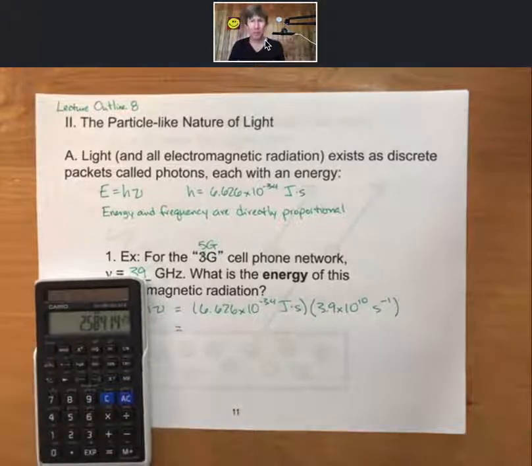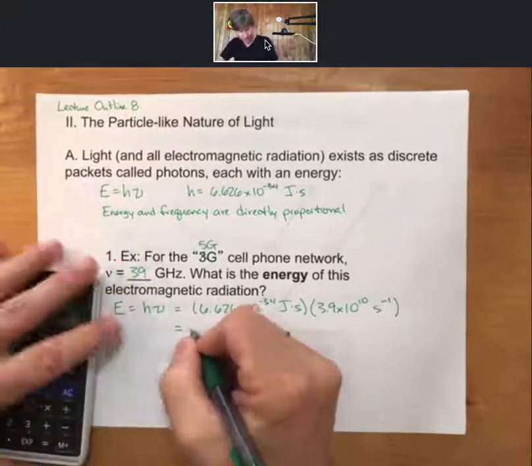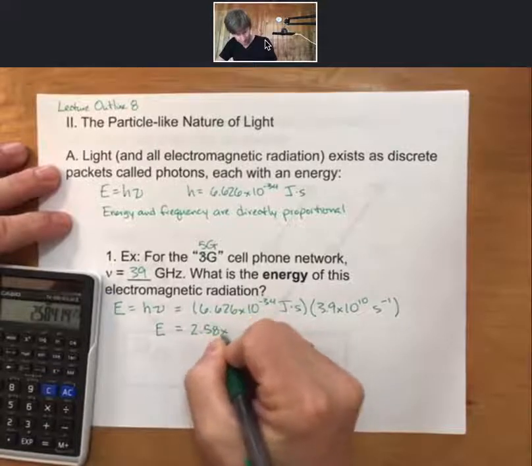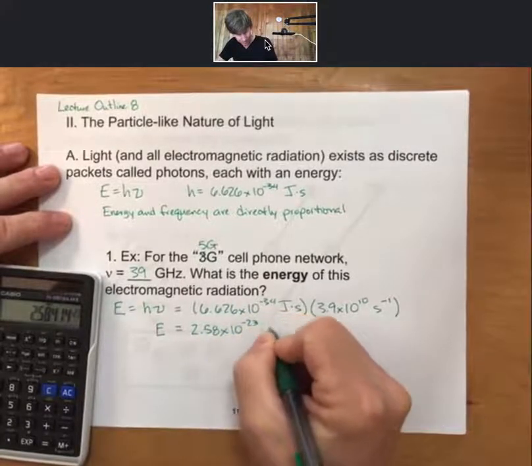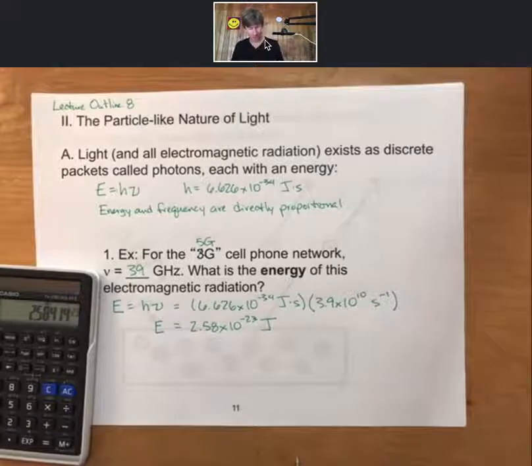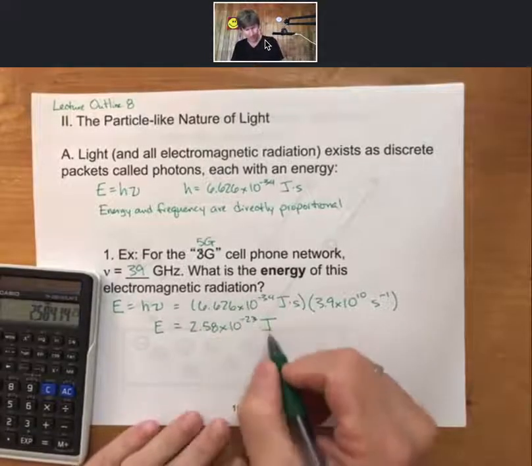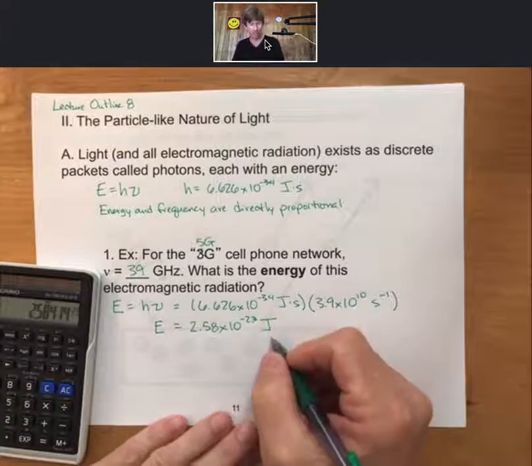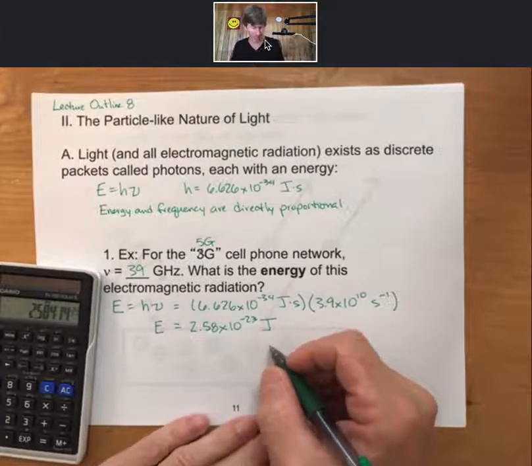And we get 2.58 times 10 to the minus 23rd joules, an extremely small amount of energy, but when you get enough of these photons together, when you get moles of them, you will have enough to create some nice energies.